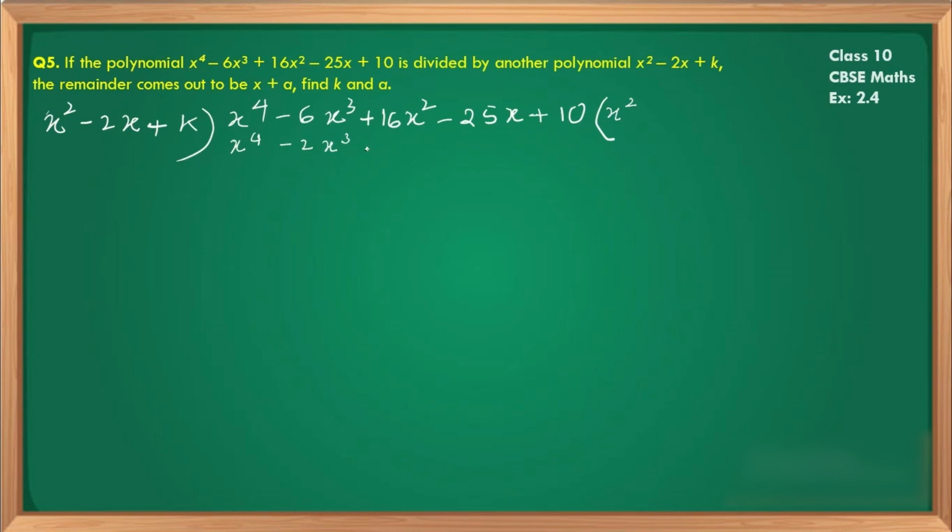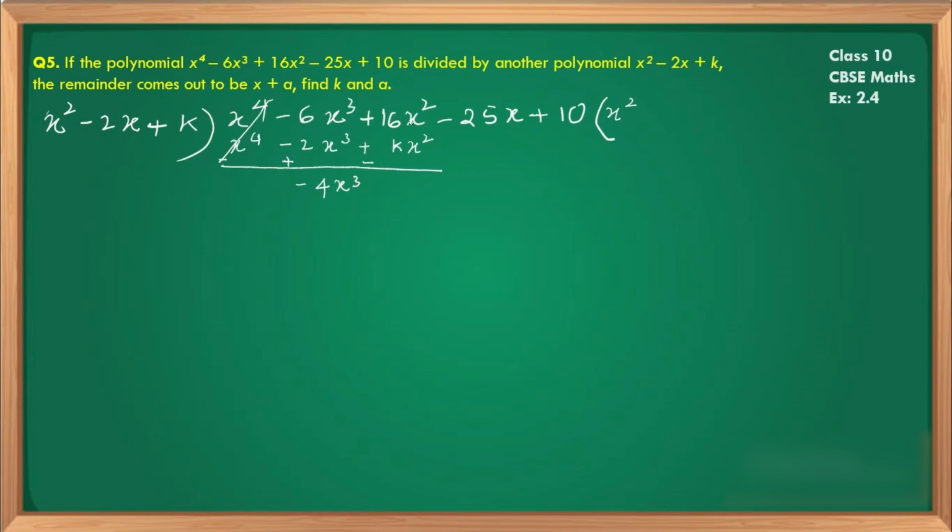You can write down here plus kx square. Now we can start subtracting. Now this becomes minus and this minus becomes plus, and lastly this also becomes minus. Now this gets cancelled and minus 6 plus 2x cube will give you minus 4x cube.